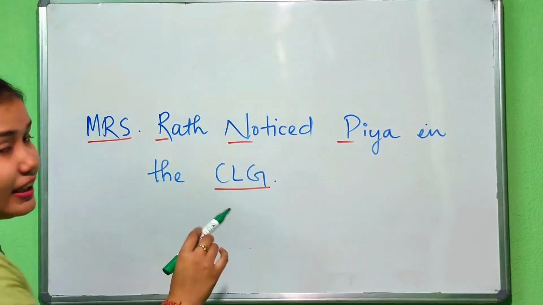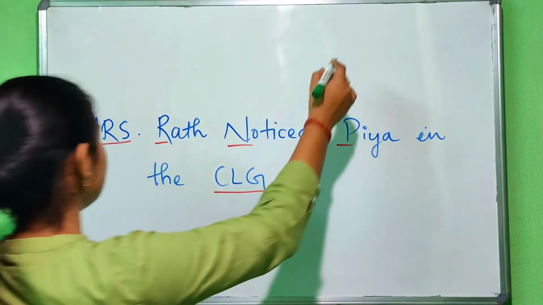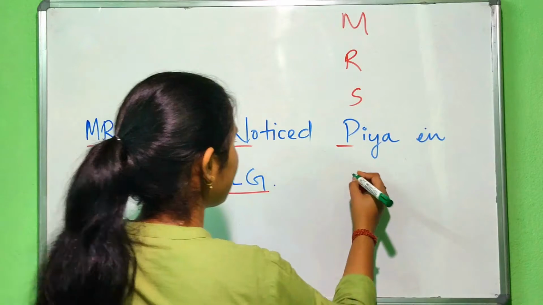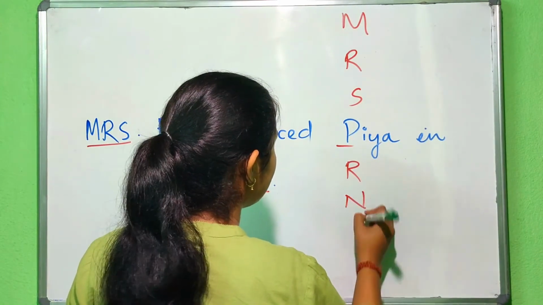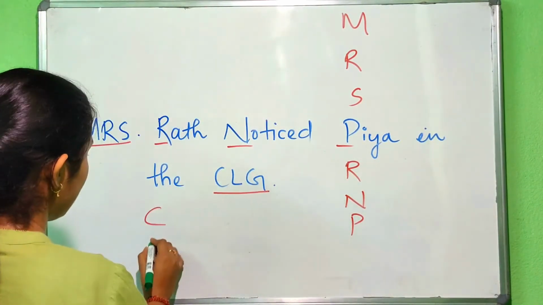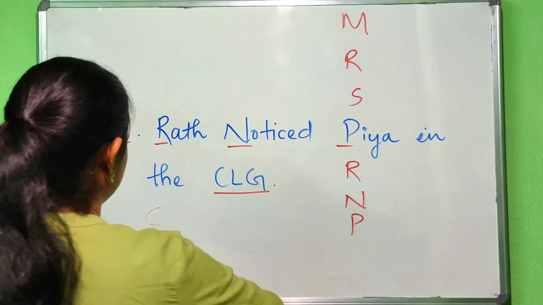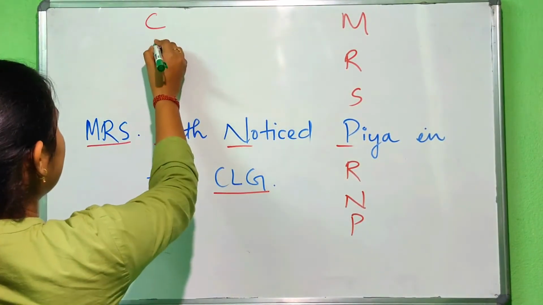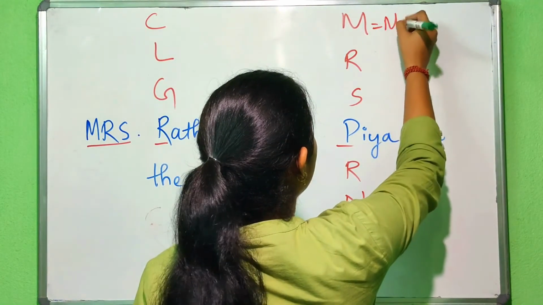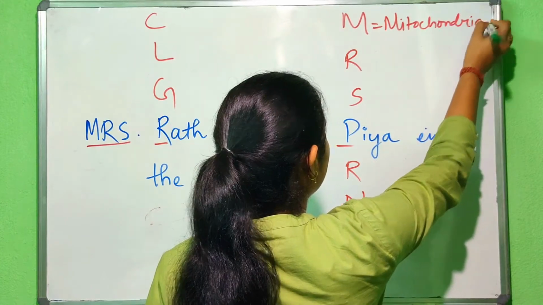So, let's write the initials first. What are the letters written in block letters? M, R, S, R, N, P and then C, L and G. So, M for mitochondria. Okay.